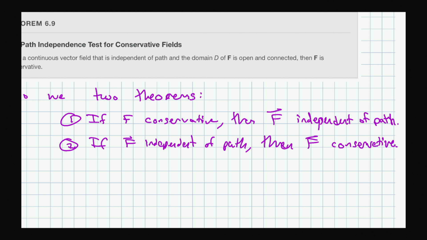Okay, now how are you going to prove that something is independent of the path? You're probably not. So you're probably not going to be using that theorem, if f is independent of the path, then f is conservative. You're probably going to be doing it the opposite way.